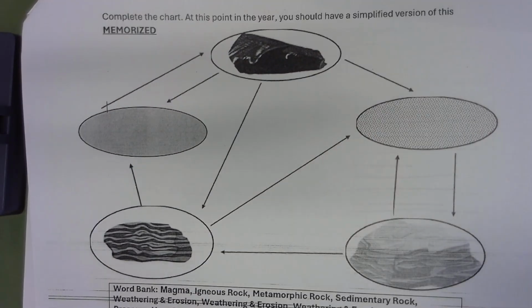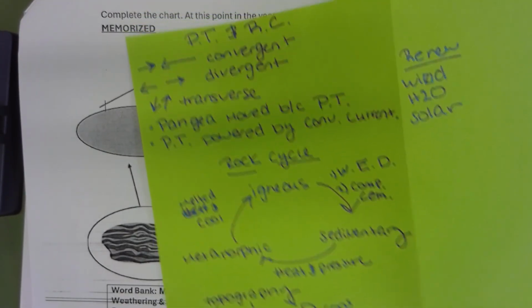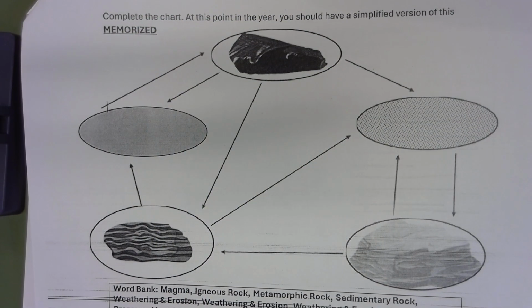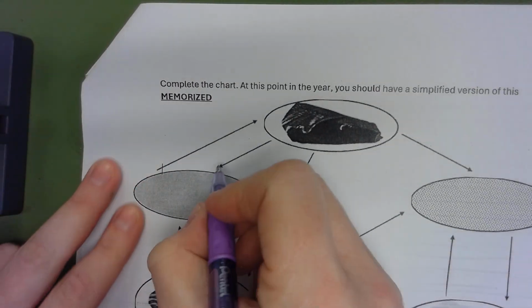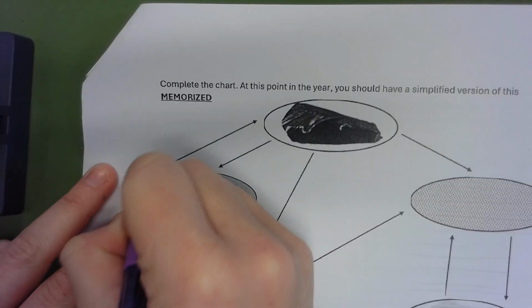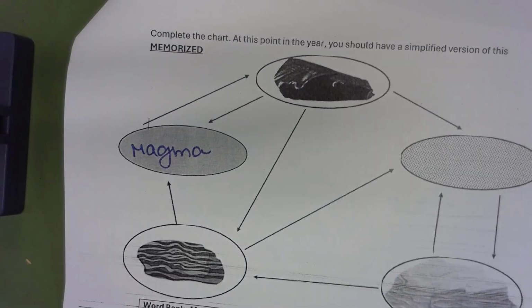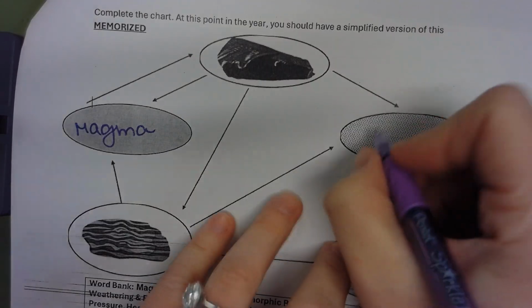Alright, oh no, it's that rock cycle again. Good thing you have your handy dandy cheat sheet. Look at that. We can use that to help us. First thing I want you to do is label this magma. It's a liquid. You could even shade it orange or yellow if you have your colored pencils today. This is sediment.